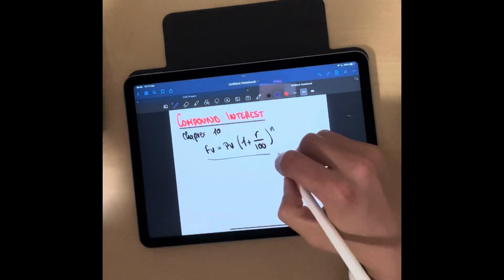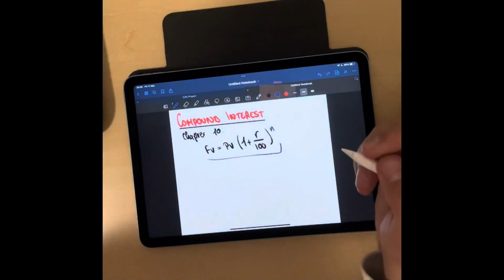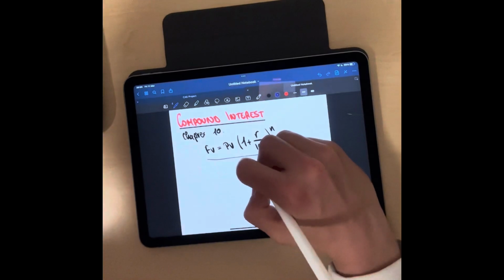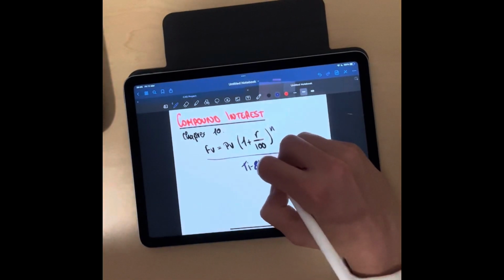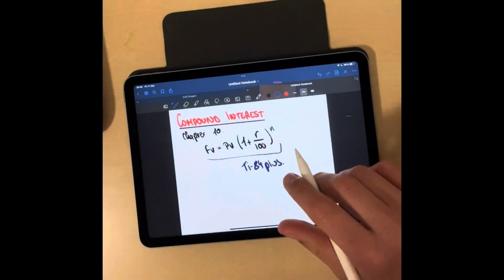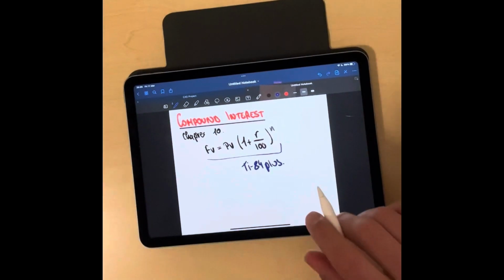However, the problem is we're in math applications and we're not trying to do this, right? We want to use our TI-84 to be faster, to be more efficient. So how do we do this on the calculator? So I'll teach you guys how to do this with a simple example.